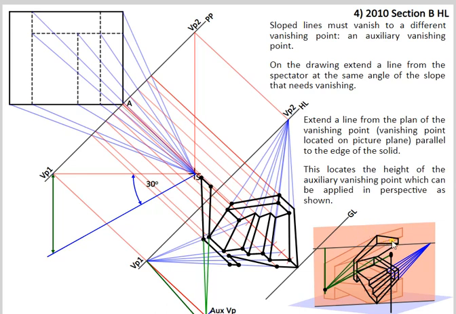Now this section here is horizontal, so that allows us to join this back to VP2. And then the internal edge here is joined to the auxiliary vanishing point. This back line here that some students do forget to put in is also joined back to VP2 because it's a horizontal line. Now this here is the higher level solution to 2010.